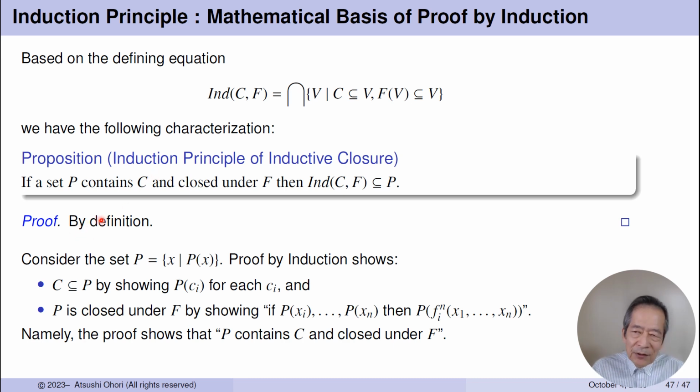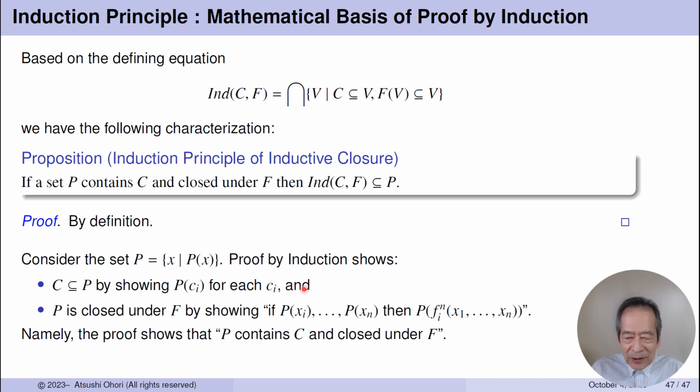To understand this, let's consider this set P, which is the set of all elements x such that P of x is true. Then proof by induction shows the following two. Proof by induction consists of two parts. One is the basis: for each Ci of large C, you show that P of Ci is true.